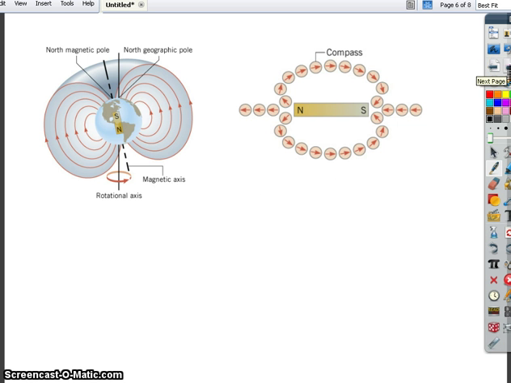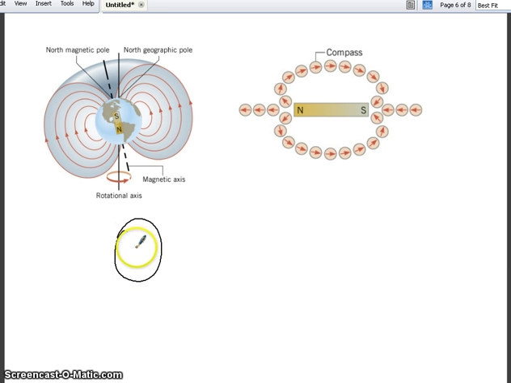That has some interesting implications because, as we know, a compass will point to the North Pole. So all compasses point to the geographic North Pole. But when we draw our magnetic field lines, a compass will always point from north to south.